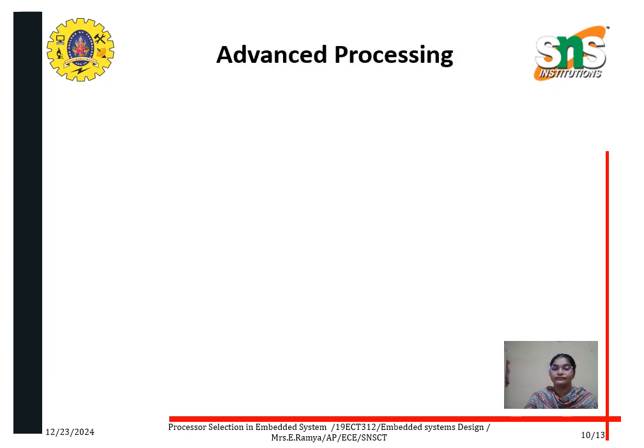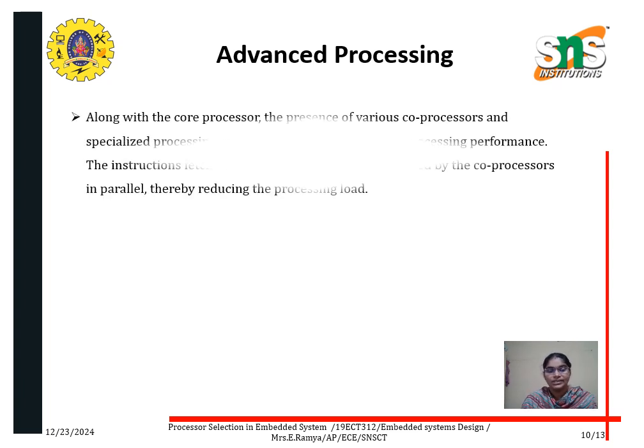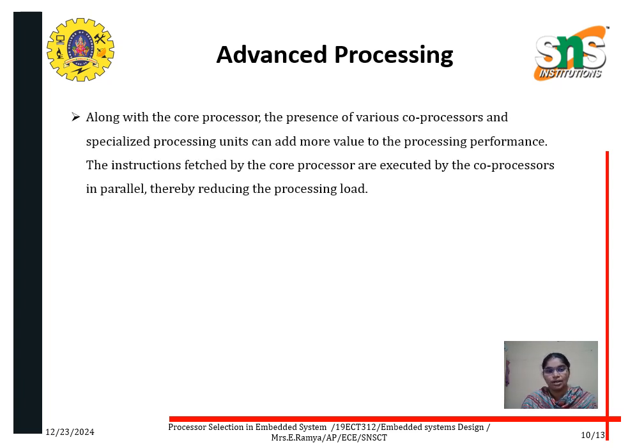Next, we have to concentrate on advanced processing. What is meant by advanced processing? Along with the core, the presence of various co-processors and specialized processing units can add more value to the processing performance. The instructions fetched by the co-processor are executed by the co-processor in parallel, thereby reducing processing load.